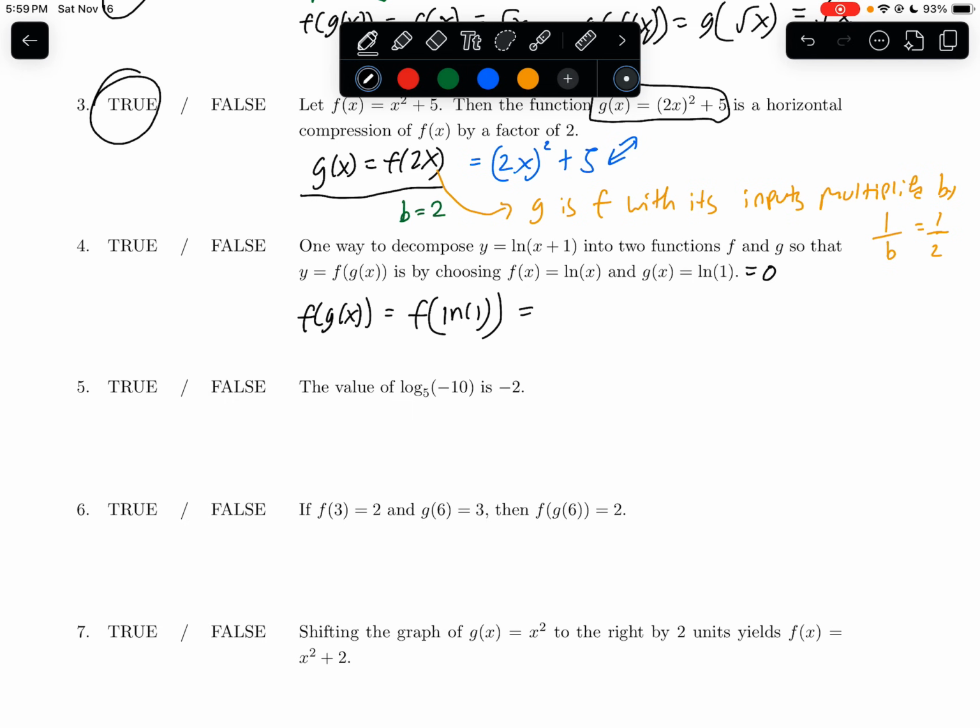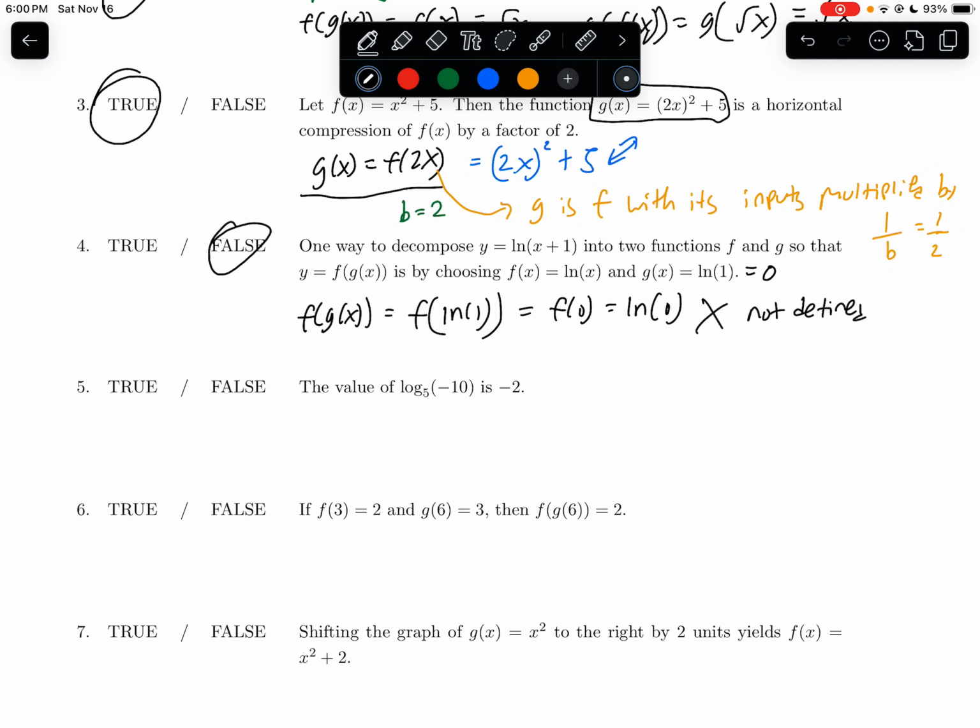So this is f of 0, and it should be pretty clear that that's not going to work. It's actually not even defined, because it would be ln of 0, and that's not even defined. But further, g of x is just a number, so that's also a strong indication that that won't work.